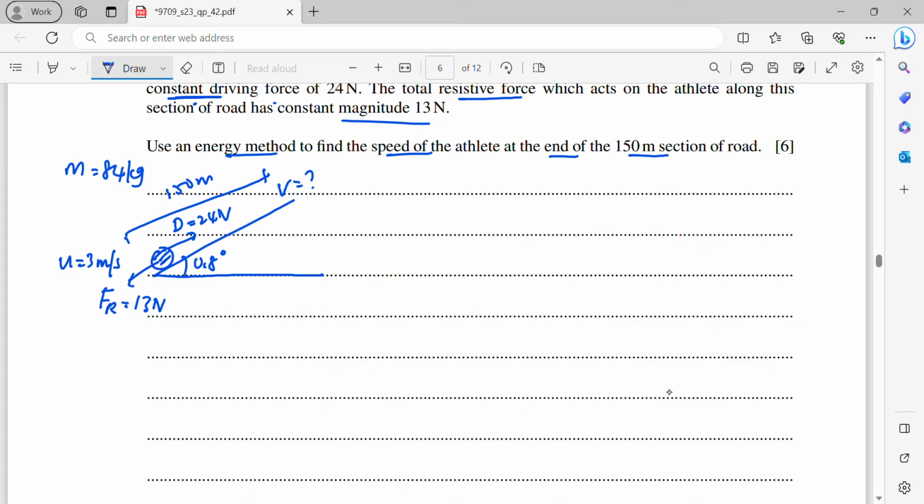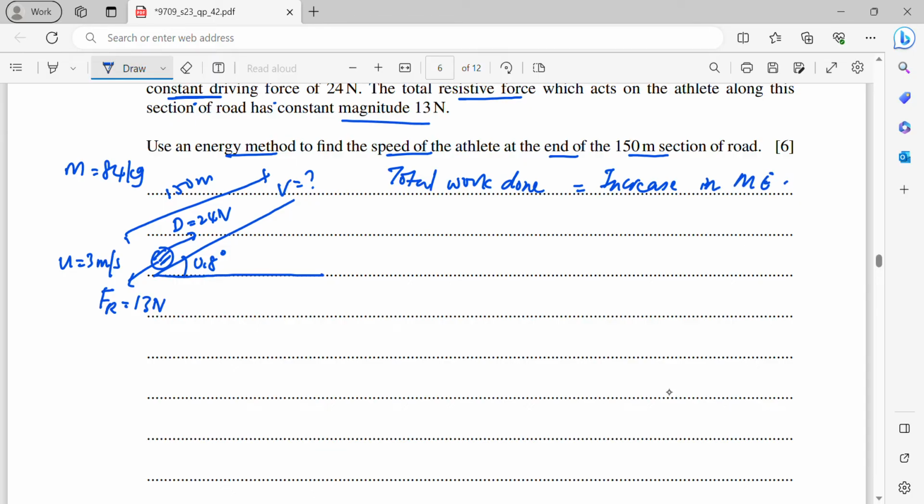Total work done. This is the work energy principle. Total work done is the increase in mechanical energy.